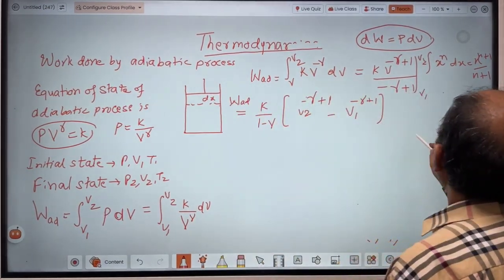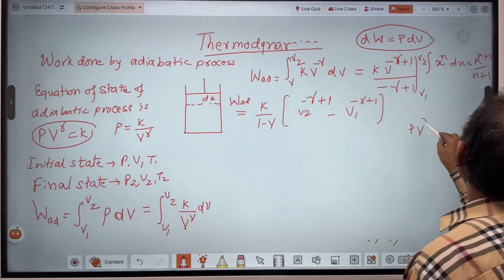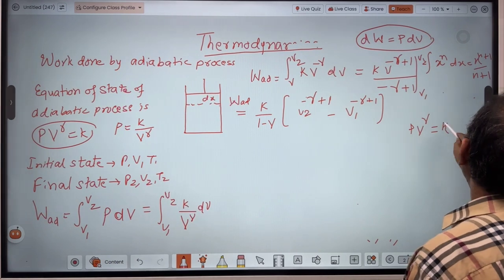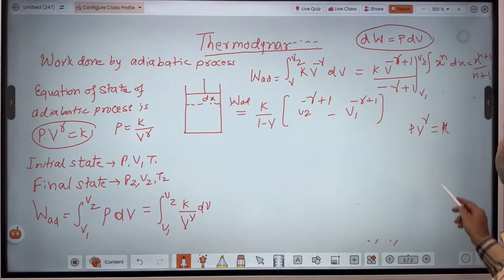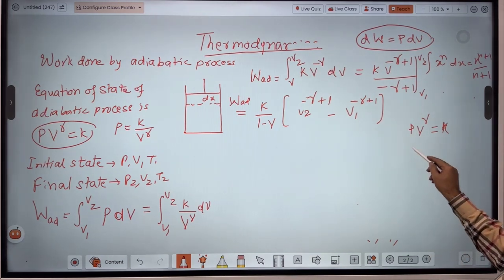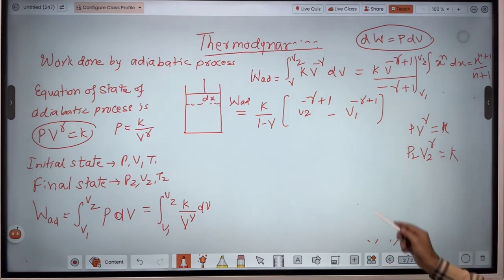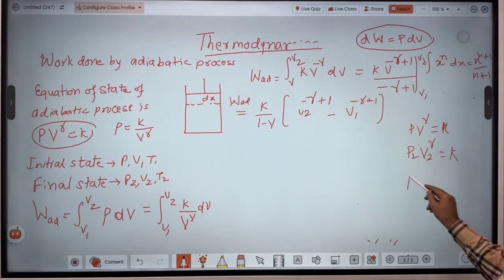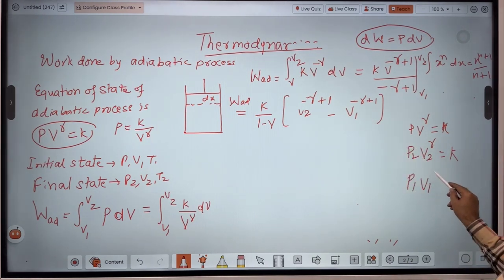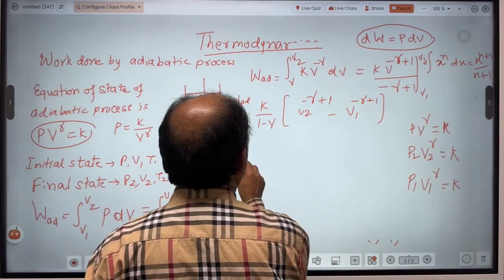Now one more concept we are going to make use of. Since PV power gamma equal to K, we can convert this as per our need. For this we can write P2 V2 power gamma equal to K, and for this P1 V1 power gamma equal to K, right? Because here K will multiply to each.